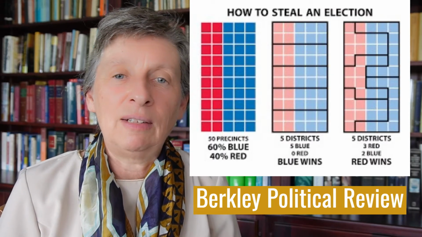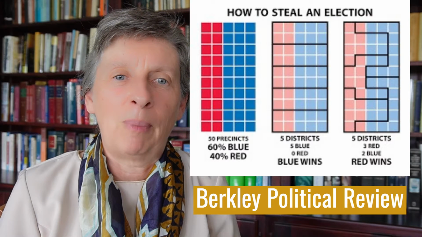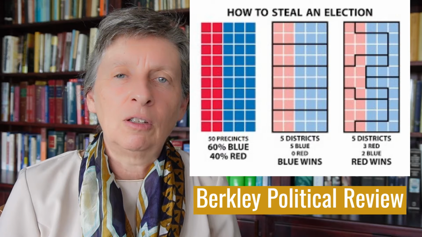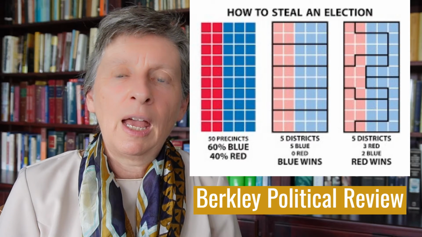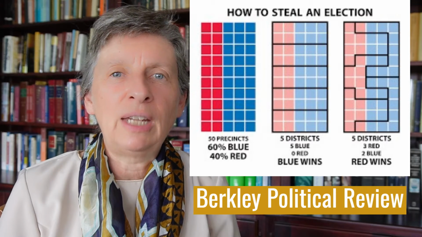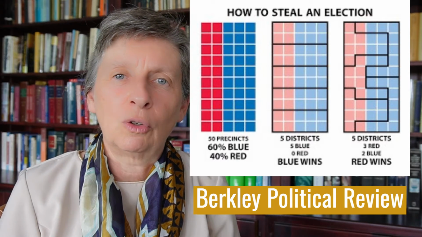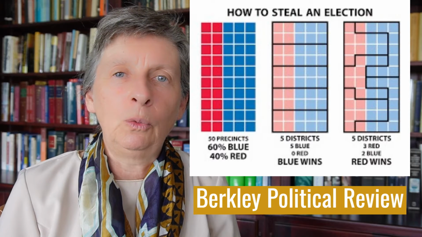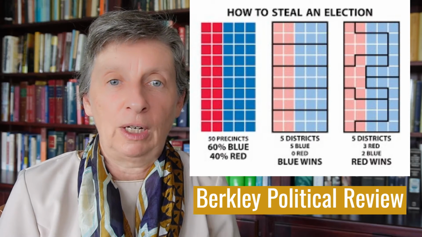So how does it work? Well, here's a simple illustration from Berkeley Political Review, and it shows that if 60% vote for party blue and 40% vote for party red, you can change the outcome of the election by how you draw the boundaries. If you draw them one way, then blue wins in all 5 districts.